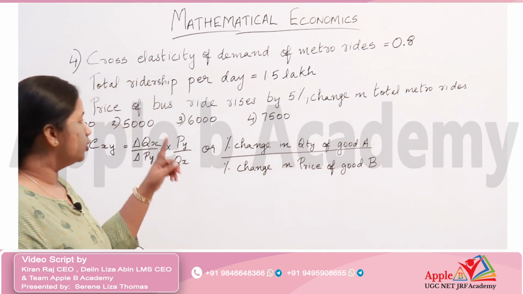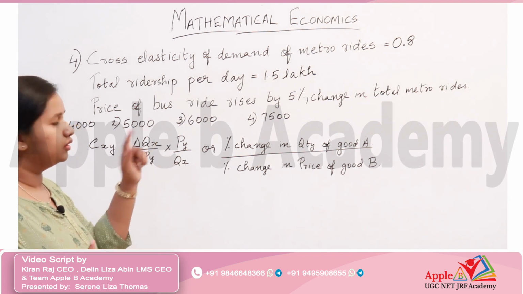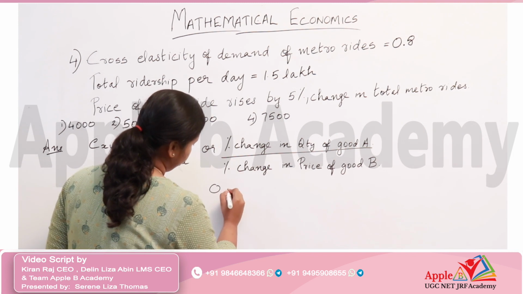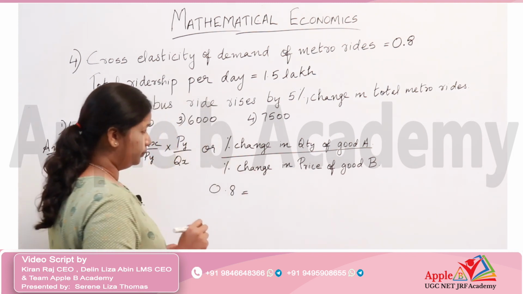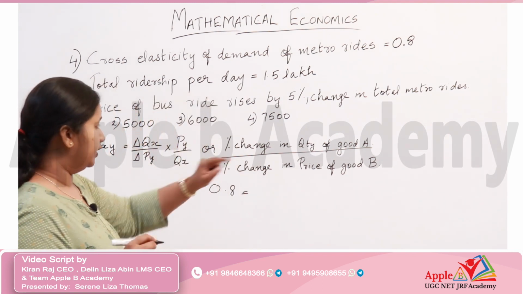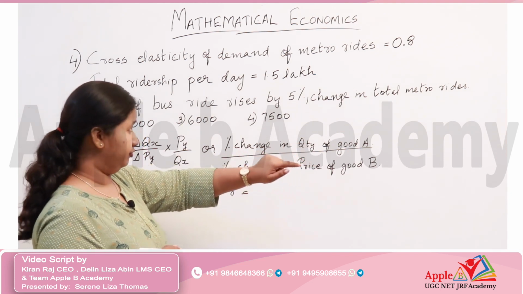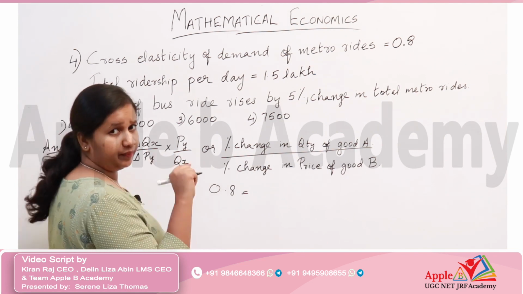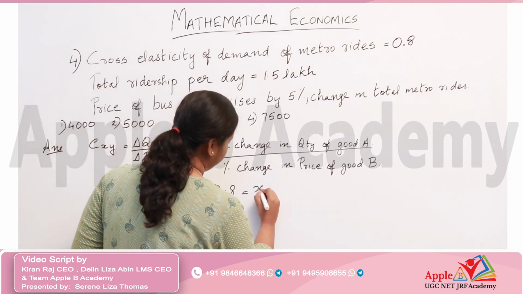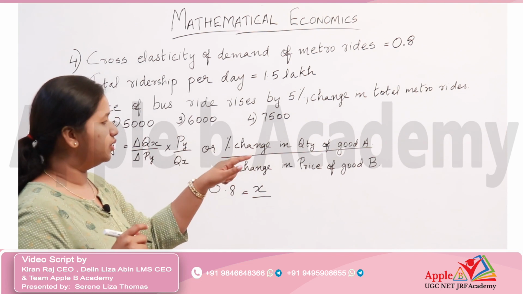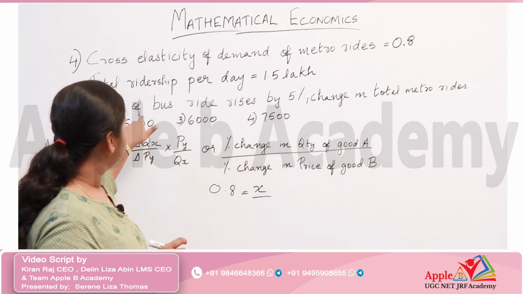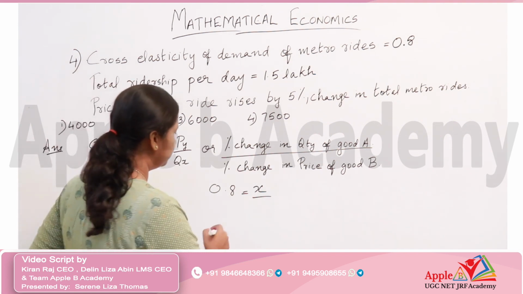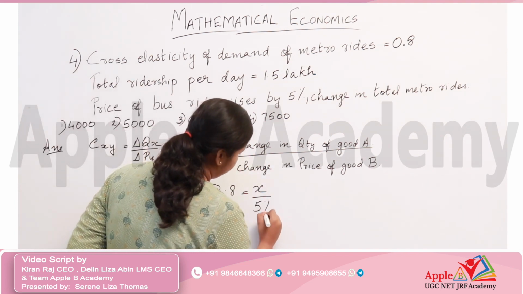So, we can see from the question that the cross price elasticity is given, which is 0.8. So, 0.8 is equal to percentage change in quantity demanded of good A. That is not given, so let us represent it as X, divided by percentage change in price of good B. The price of the bus ride rises by 5%, so we know that it is 5%.